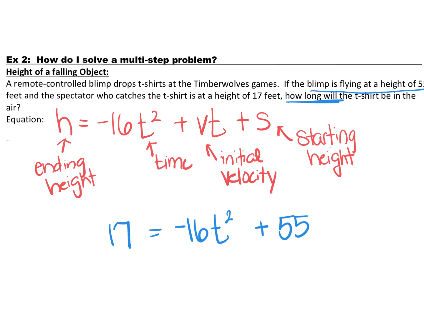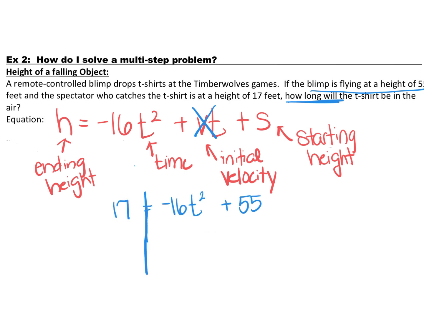All right, now one thing we don't have here is the vertical velocity, or the initial velocity. Because the blimp is flying at the height of 55 and then just dropping it instead of launching something, we don't have the initial velocity. So let's go ahead and solve this equation and we can find out how much time. All right, so let's start by isolating the variable.